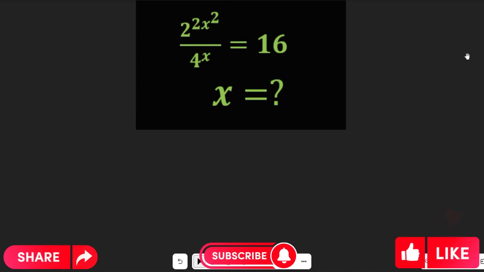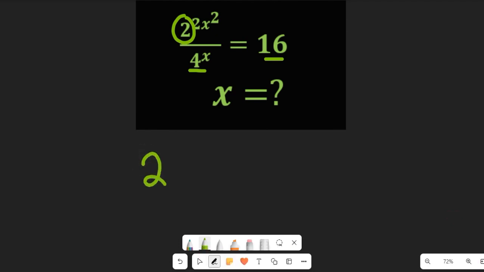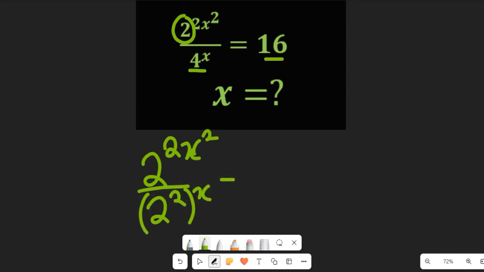Now let's get started. To find the value, we are going to simplify this such that we'll have the base become the same power of 2, and that will give us 2 to the power of 2x all squared divided by 2 to the power of 2 multiplied by x, and this will be equal to 2 to the power of 4.